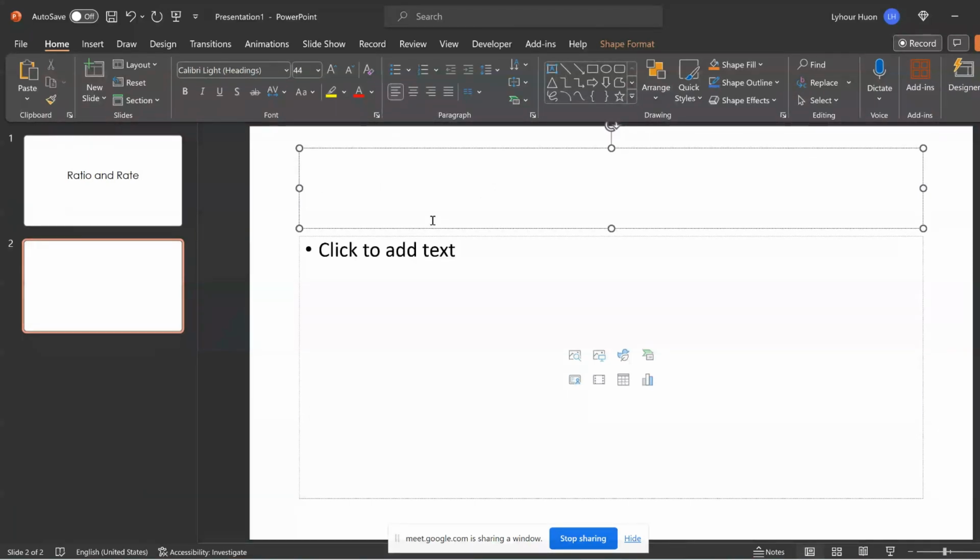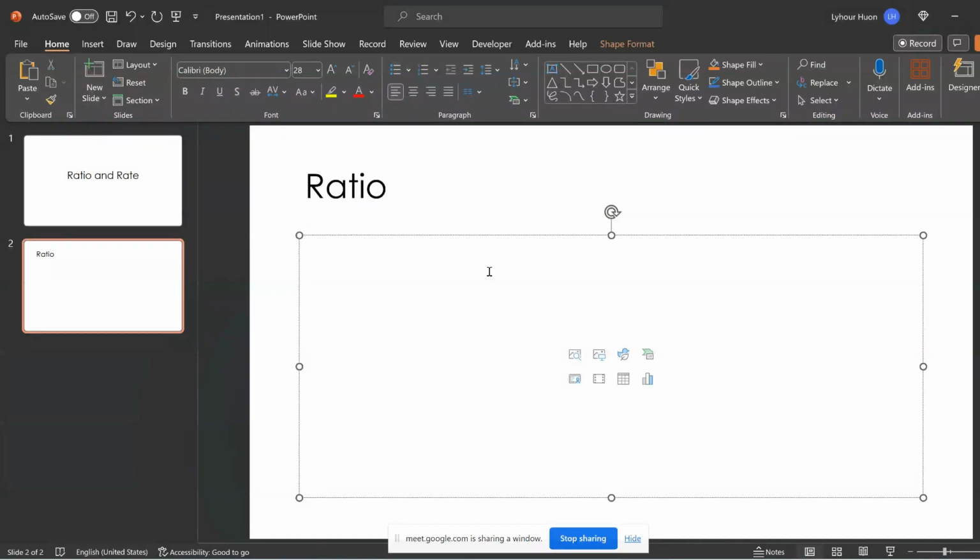So now let's start with ratio. Have you ever heard about ratio? Yeah. What have you seen as a ratio? Let's give the definition of ratio.